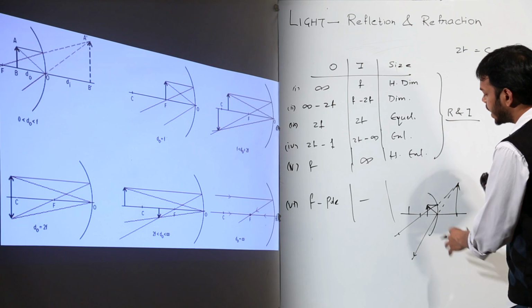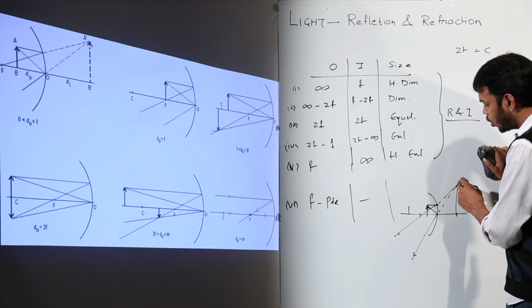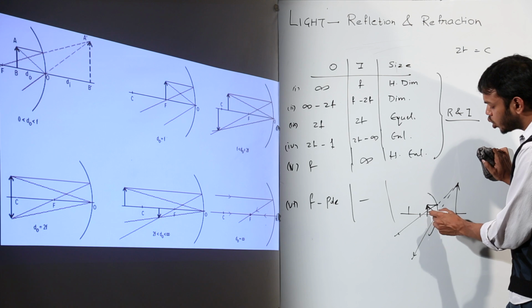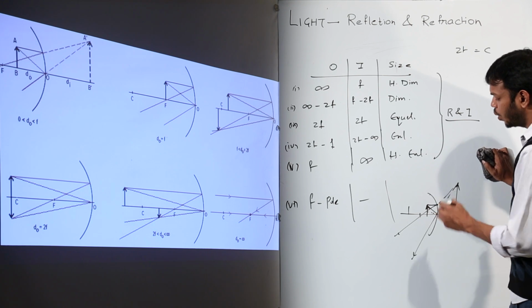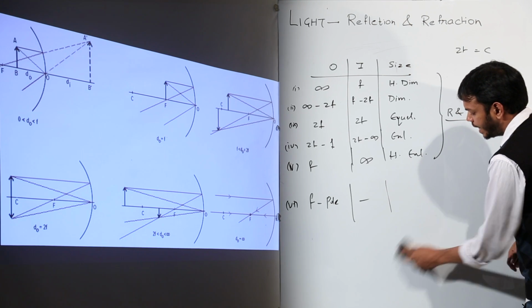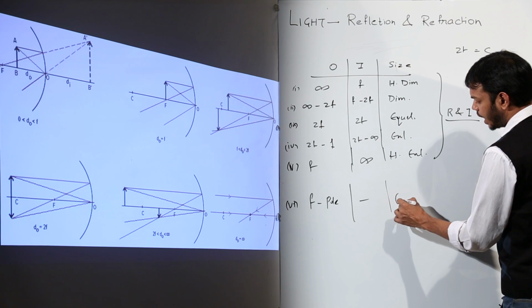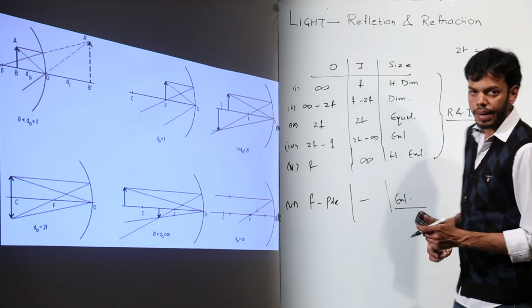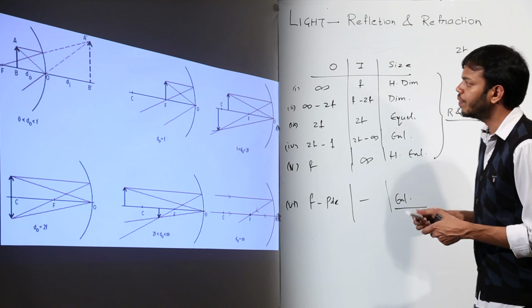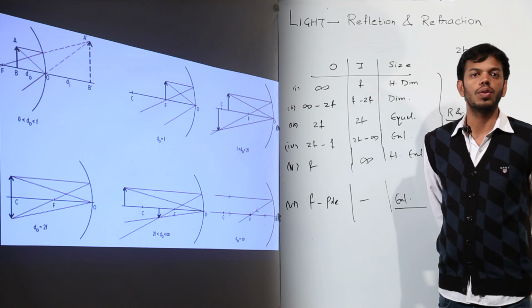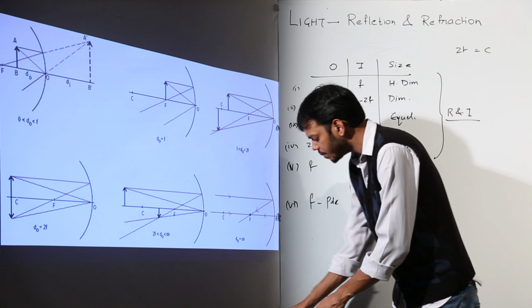It will always be greater than the size of the object. But the position will depend on how close it is placed with respect to the pole, right? So the height or the magnification or the size would definitely be enlarged, but the position we are not sure about. The position will depend on how close the object has been placed.